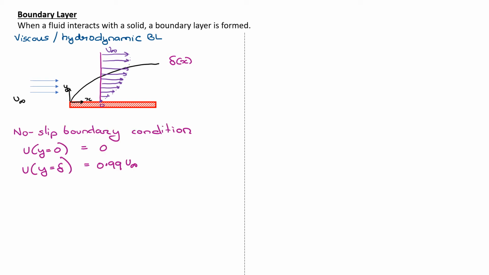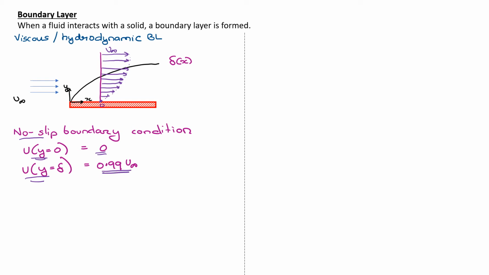Now, why do we have this particular profile? Because of the no slip boundary condition: at y equals 0, which is the surface of the plate, your velocity is 0, and at y equals delta, which is at the boundary, your u is 99% of the free stream velocity.